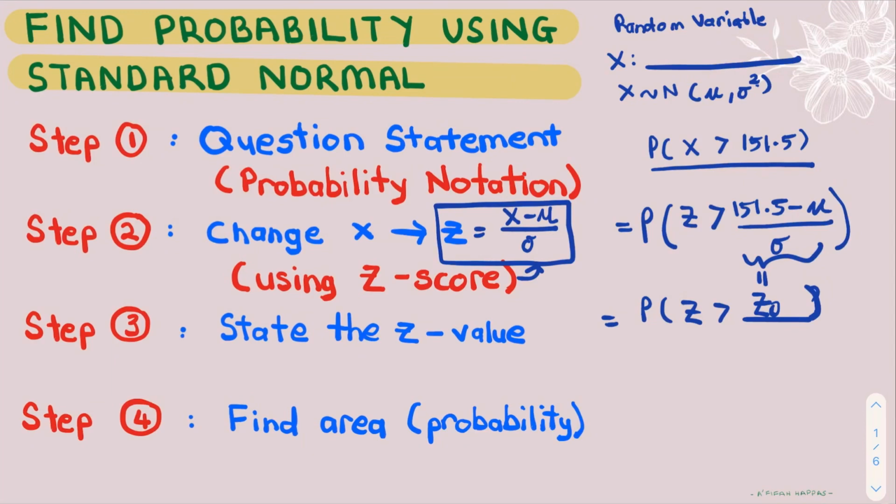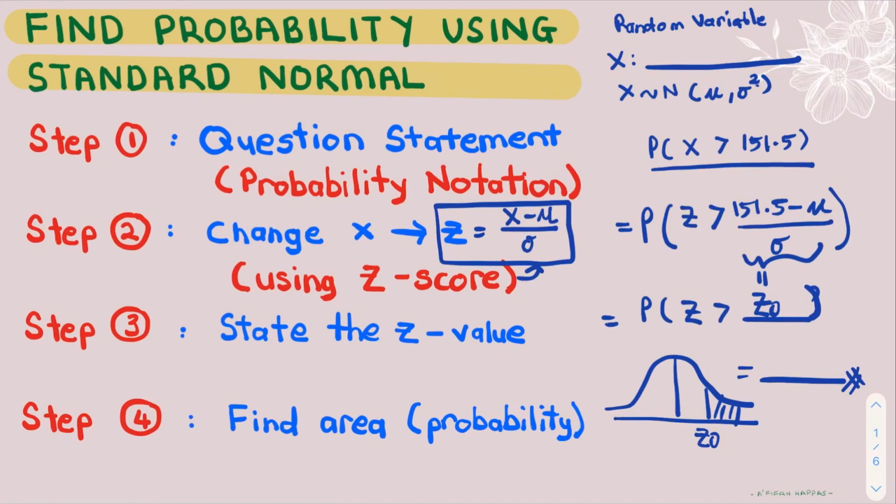Now it's good that you sketch your curve, so you know whether it's going to be at the tail part or at the left part or right, or you have to minus out or something. Then using the table, you're going to get your probability. That's how you do it step by step, from 1, 2, 3, 4. Make sure you must have this.